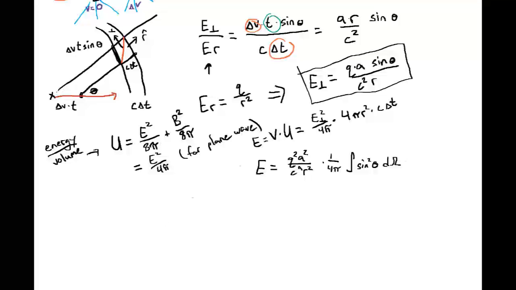So that's the E squared component, and then this whole thing is multiplied by the rest of what we had up here, which was 1 over 4 pi, the 4 pi associated with the energy density, times the volume of the shell, which was 4 pi r squared c delta t.